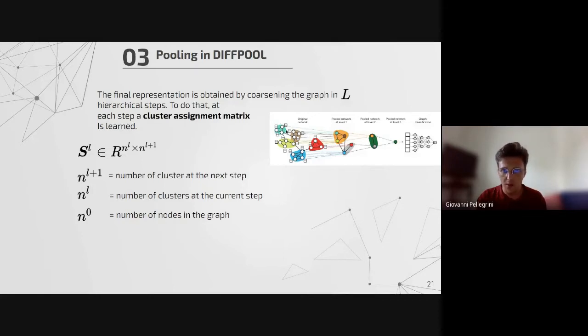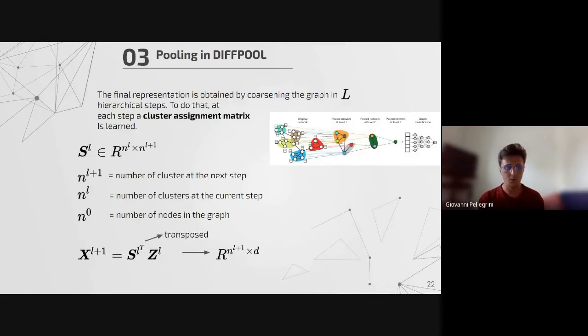So S of 1, which is the first level, is going to be a matrix which contains the nodes in the rows, and the second dimension is going to be 5. Again, for S of 2, which means at the second level, we're going to have N L, which is 5, and N L plus 1, which is 2, as represented here. Okay. So this is the matrix that will allow us to cluster together these nodes.